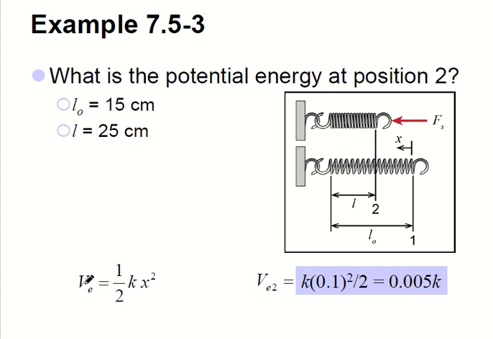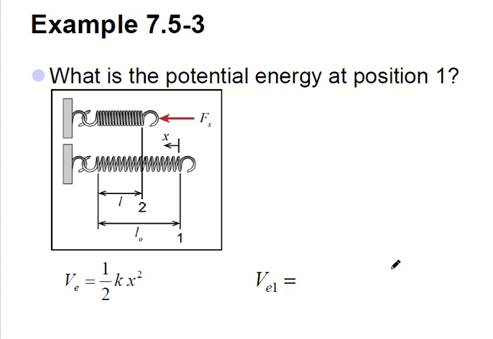Then you get your elastic potential energy V because of the spring, and the work done is 1/2 k a squared. We already translated from work done to potential energy, and then we put in position 2 by using 0.1 squared divided by 2. Centimeters are changed into meters, and then you calculate it and present it in terms of k. So you will get 0.005 k. We're just putting the length in there when you calculate it.